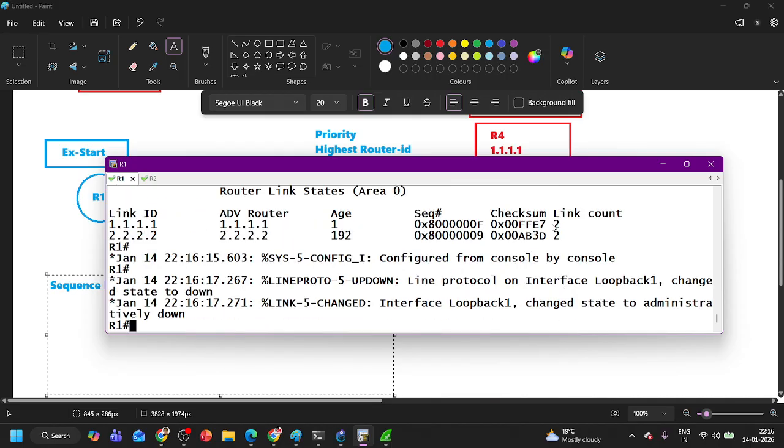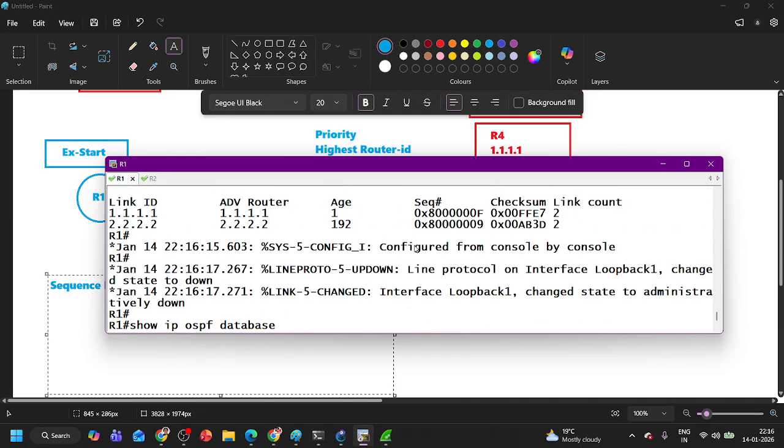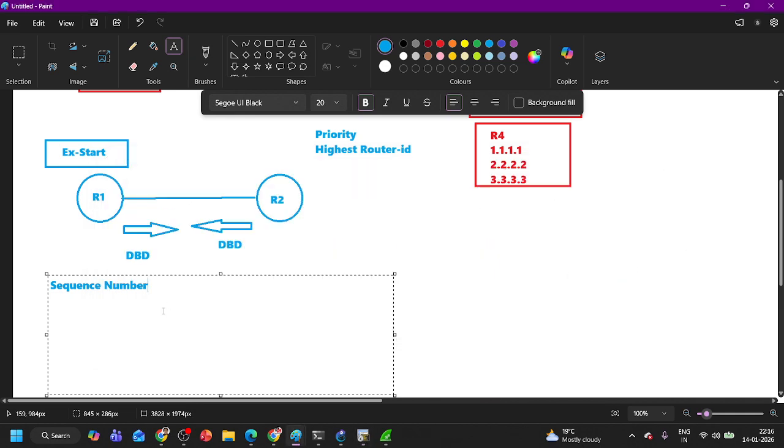Now only 2 links are there, and sequence number was earlier E, now F. Earlier sequence number of R2 was 9, and it is still 9. So sequence number is exchanged in ExStart state.